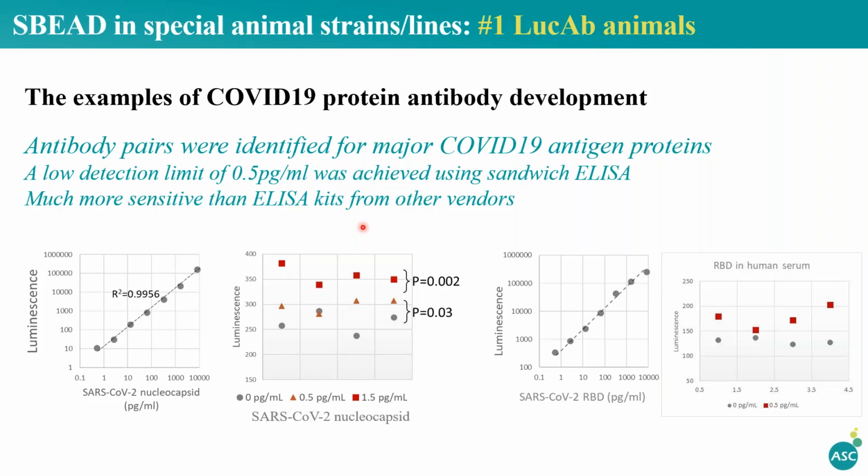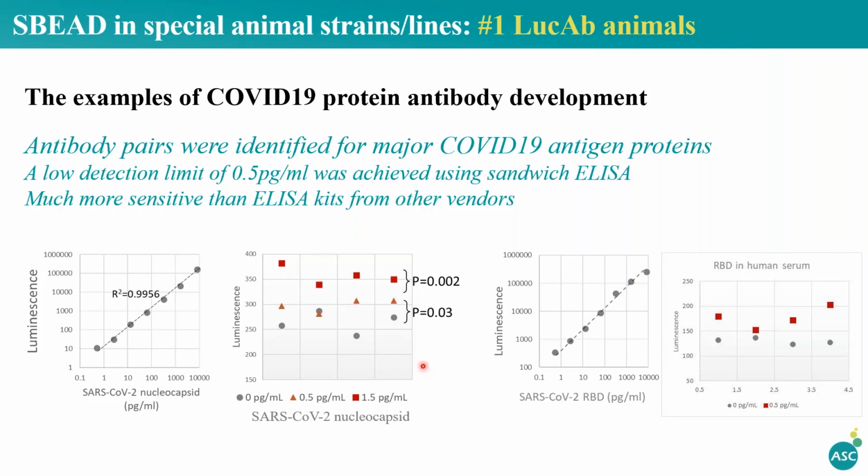For both antigens, due to the luciferase signal of the LucAb, we were able to screen a large panel of antibody pairs conveniently, and were able to finally identify antibody pairs that could detect as low as 0.5 picogram per ml COVID-19 antigen protein in biological samples.